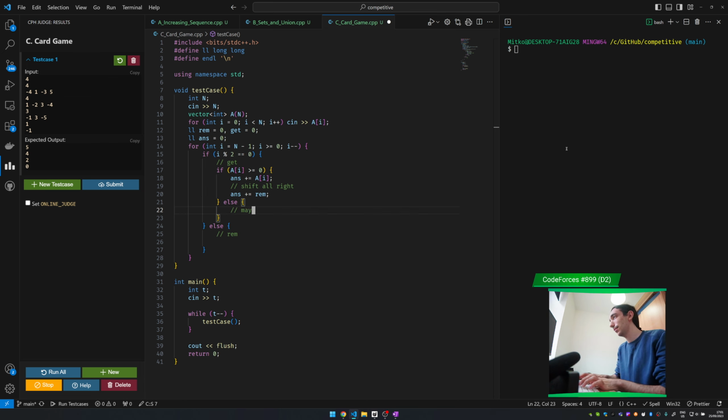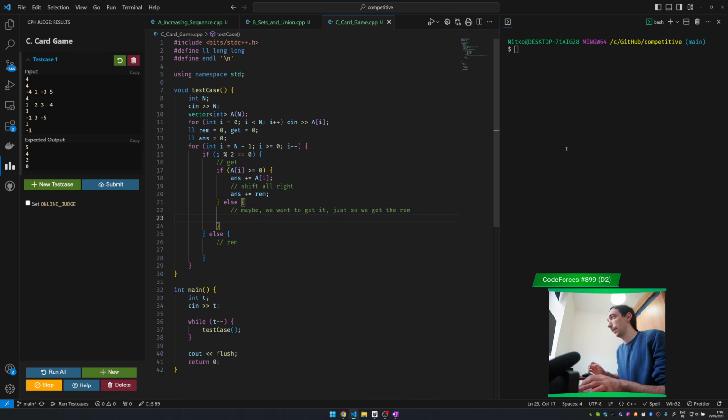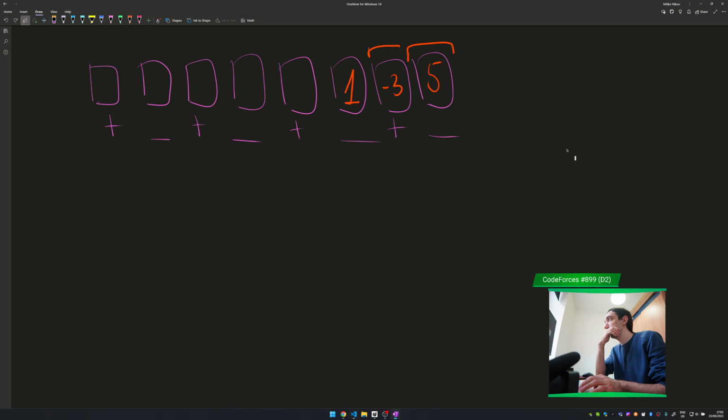So maybe we want to get it just so we get the remaining. But this is now deep, you know. It's now turned into a DP, I would assume.